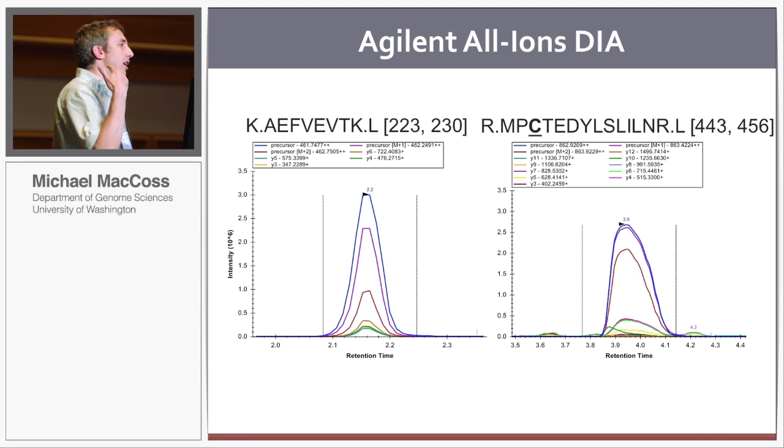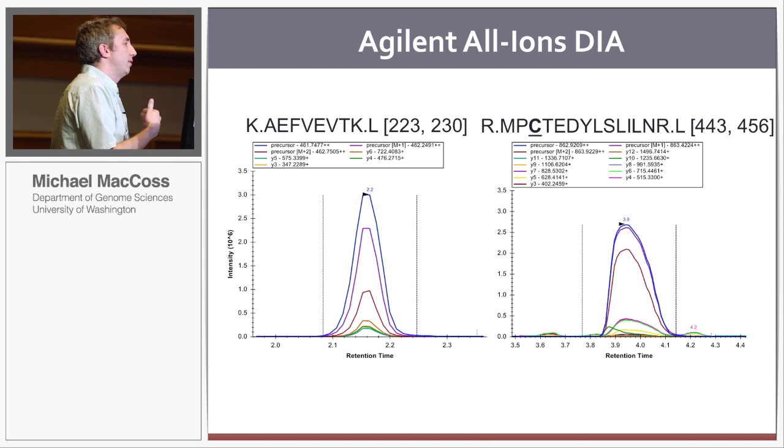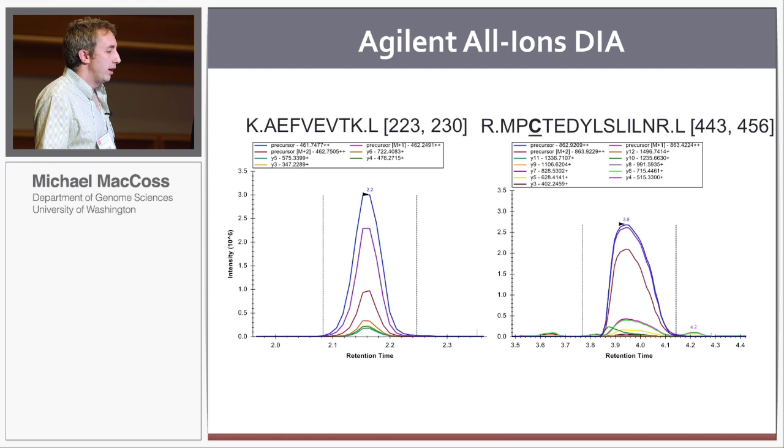You can essentially just do fragment all, do low and high energy, or you can do low energy and multiple different high energies. Skyline is smart enough to extract that data, and you can then plot your precursor ion chromatograms, which are the top three most intense chromatograms at the low energy, and the higher energy is showing the product ion chromatograms to provide structural confirmation. You measure what you think you're measuring.